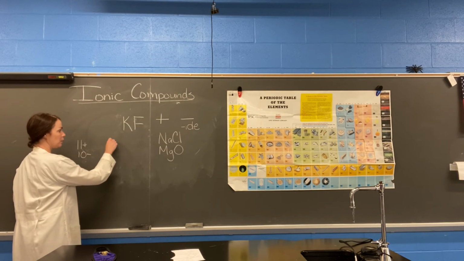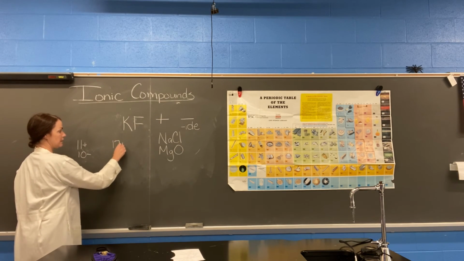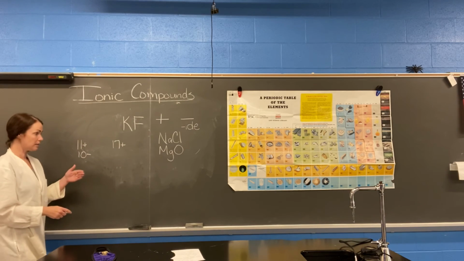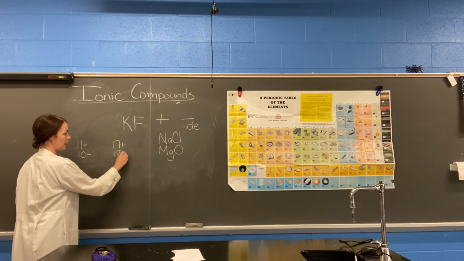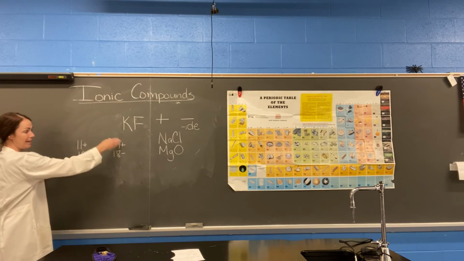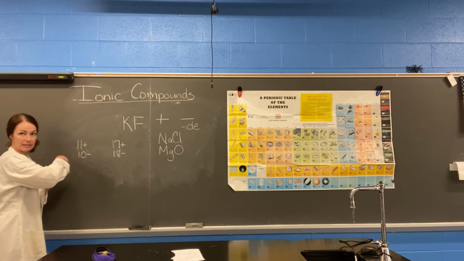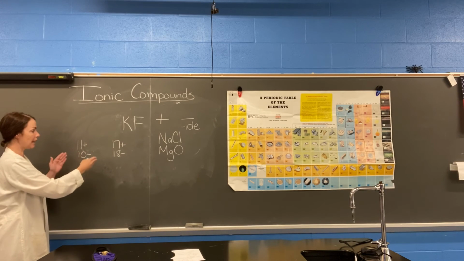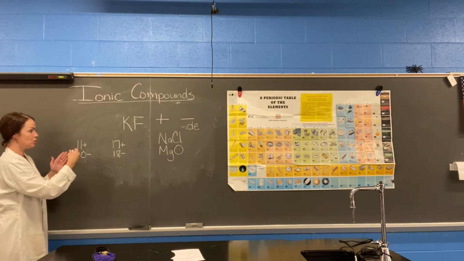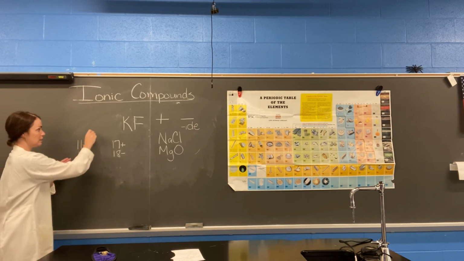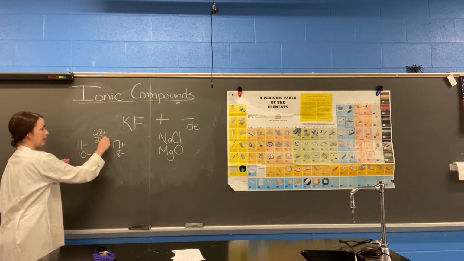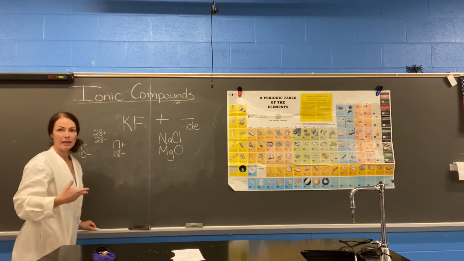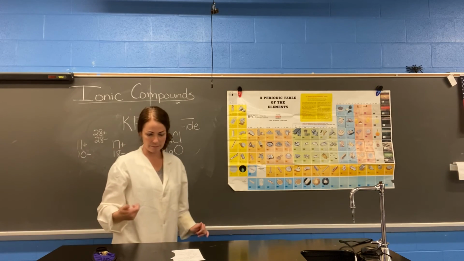When we had our chlorine atom with 17 positive charges or protons and it gained an electron, it became slightly negative. But if you add this together as an entire compound, you still end up with 28 positive charges and 28 negative charges, meaning that the entire compound then becomes neutral again.